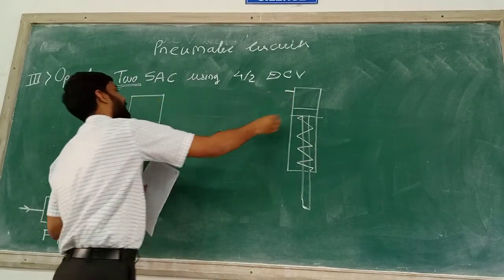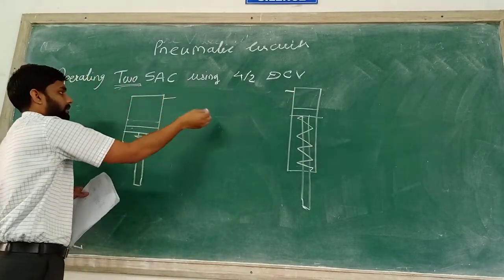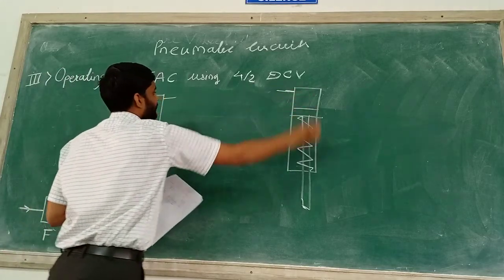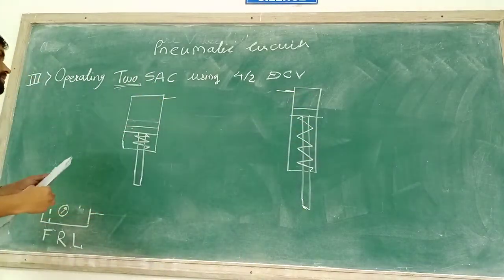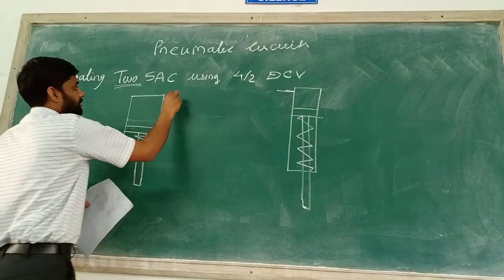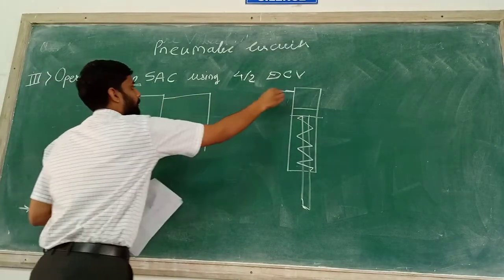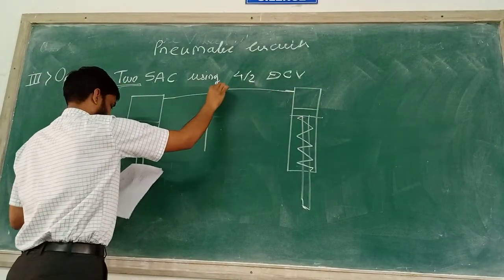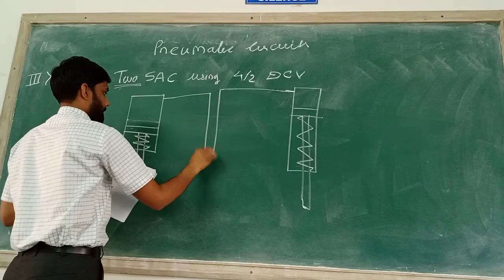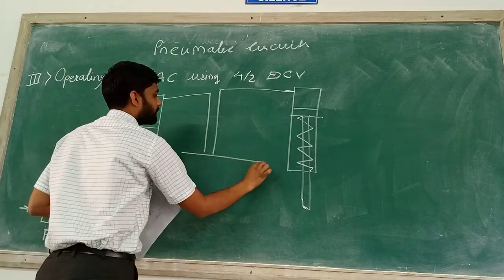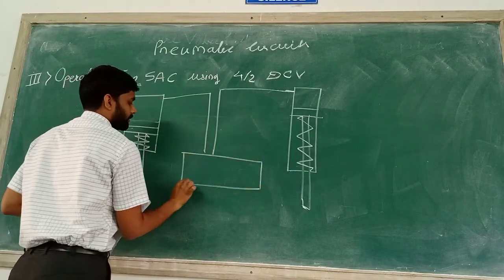Single acting means entry of fluid or entry of air is only in one direction, one side of the piston here. So it is operated by the 4/2 direction control valve.